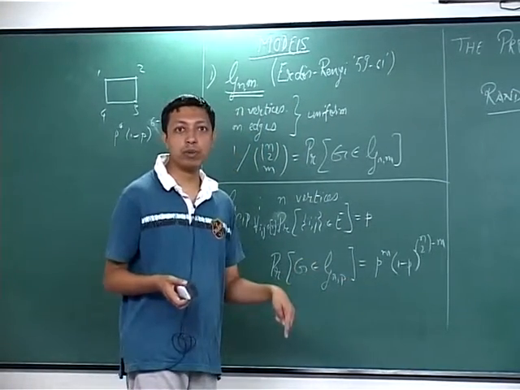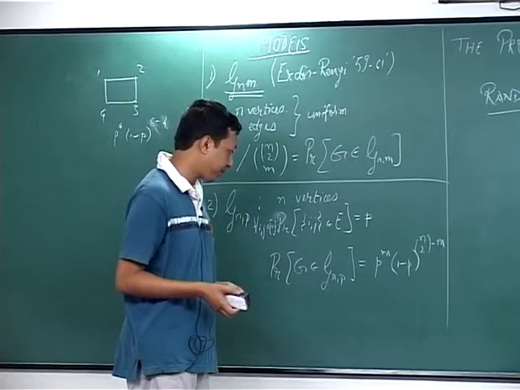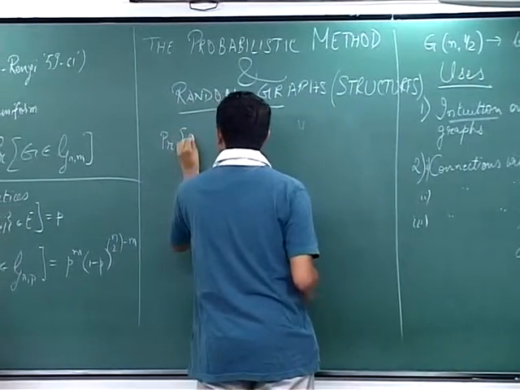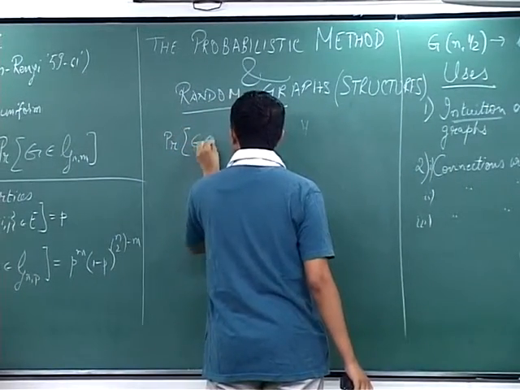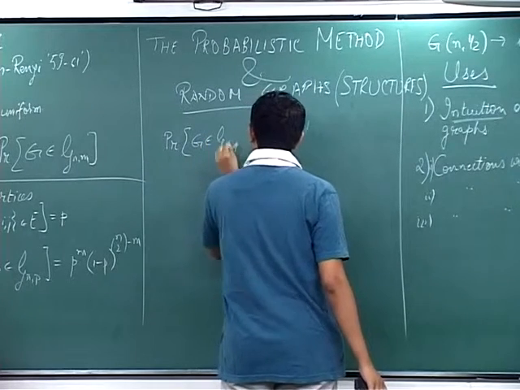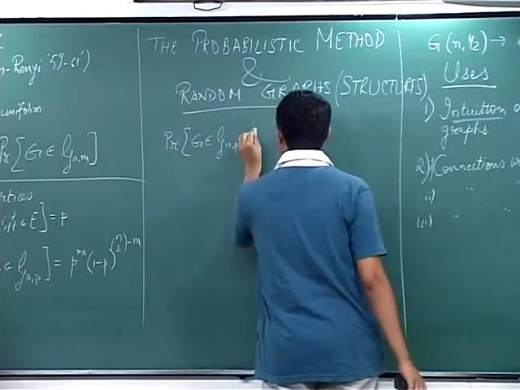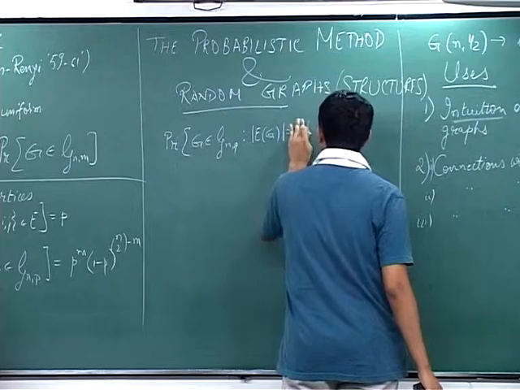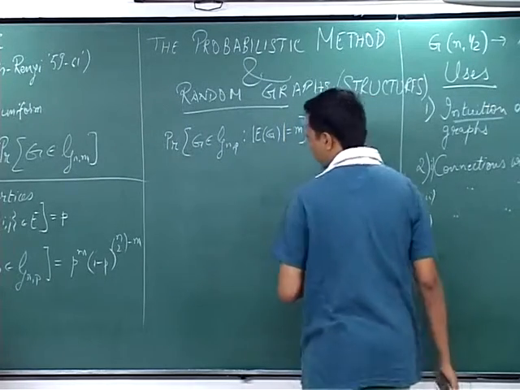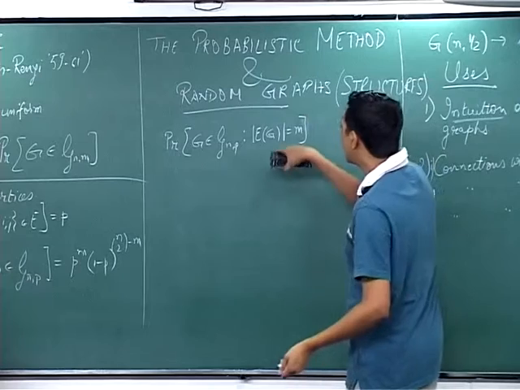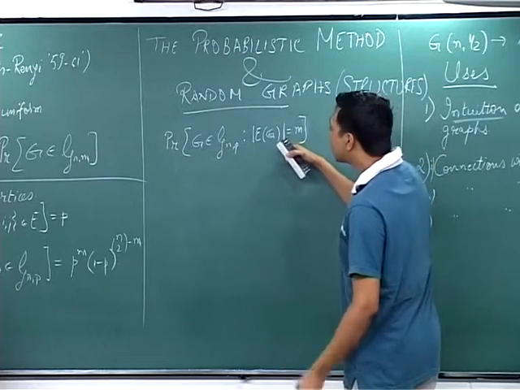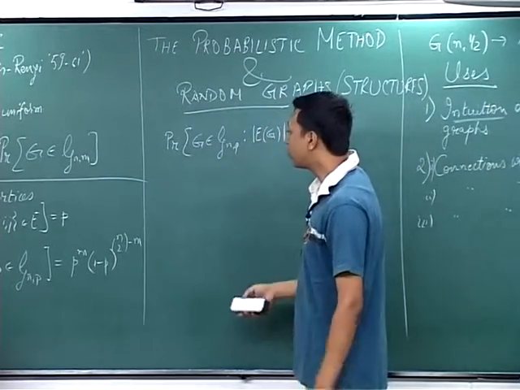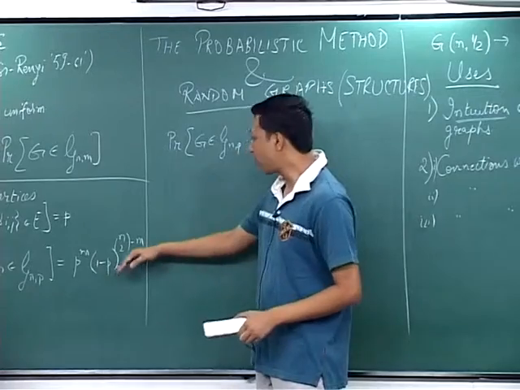n choose 2 choose m times, right. So what is the probability that G appears such that E of G has m edges? That will be exactly the number of graphs which have m edges times the probability. Notice that every graph which has m edges has exactly the same probability.